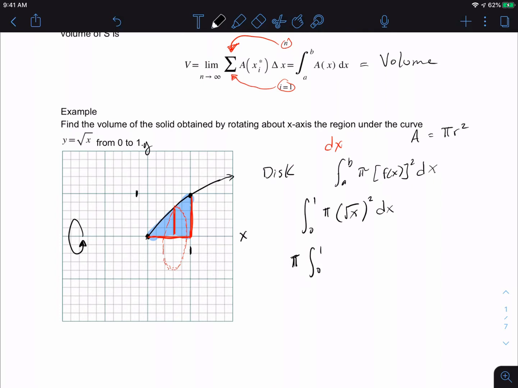I'm going to go the integral from 0 to 1 of x dx, and that's going to yield x squared over 2, that times pi, evaluated from 0 to 1, is going to give us 1/2 pi.